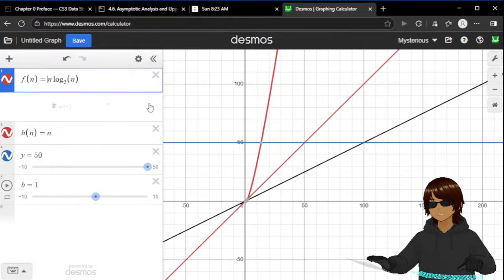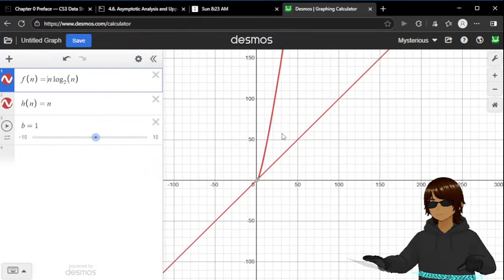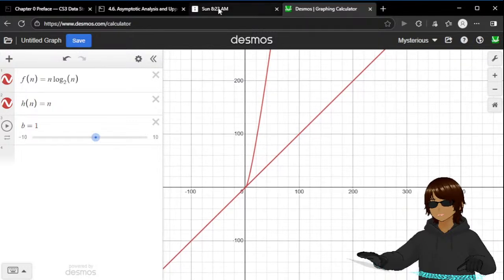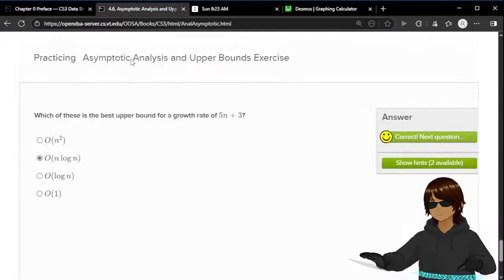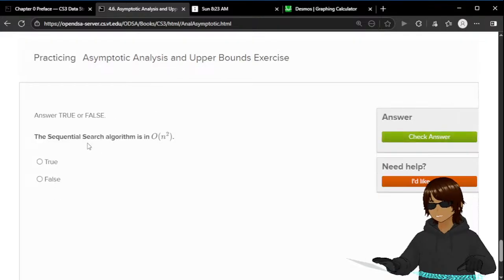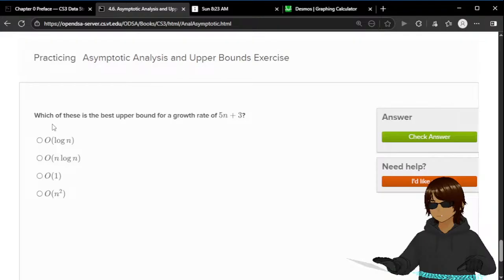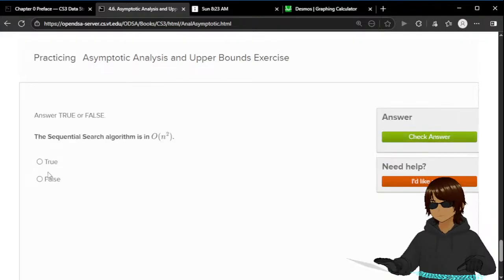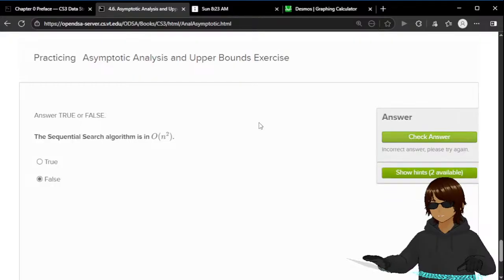Okay, it grows really quickly. It's like O(n), but multiplied by some factor. Yeah, that's correct. So isn't sequential search false? No, yeah, that's true. This is bigger than the best upper bound, log n. Then only 2 questions.